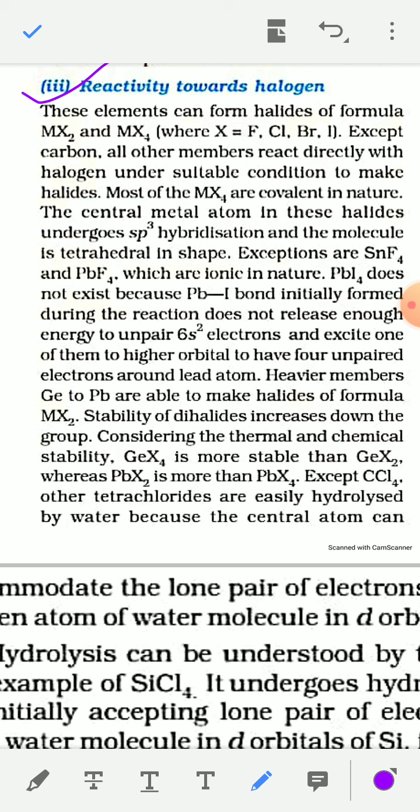All these group 14 elements form tetrahalide. But you have to remember lead forms PbI2, because PbI4 does not exist. Here is one exception.